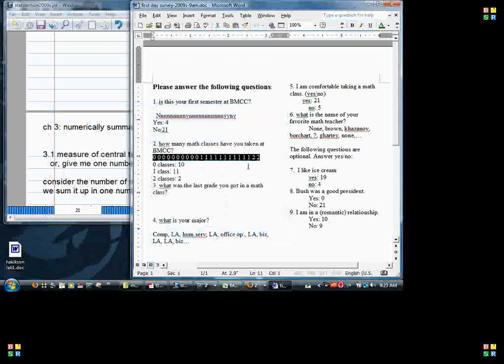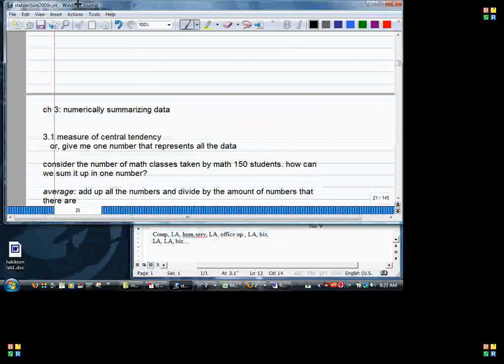The average is a great way to do that. So presumably everyone here knows how to take an average. You add up all the numbers and divide by the amount of numbers that there are.